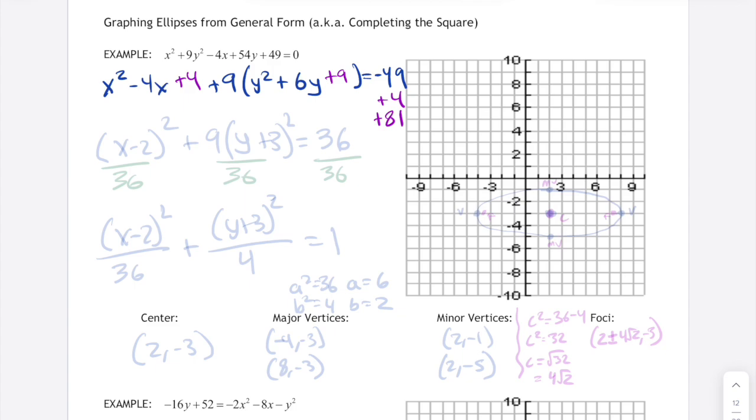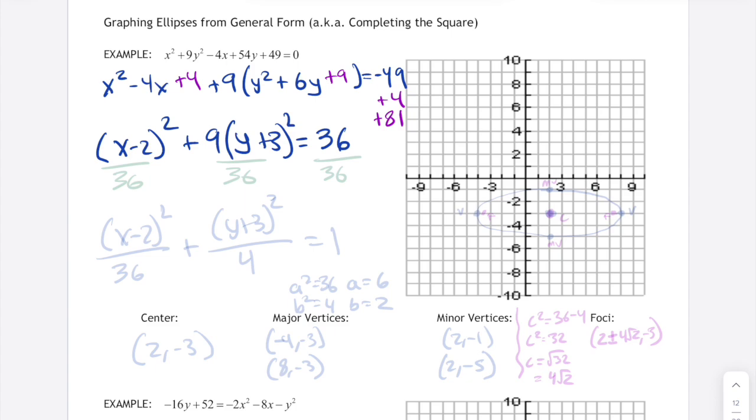So then I get x minus 2 squared plus 9 times y plus 3 squared equals negative 45 plus 81. I think that's going to be 36, right? Or okay, 85 take away 49 would be 36.